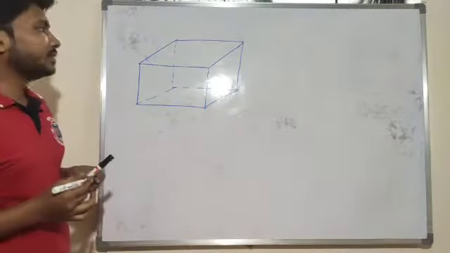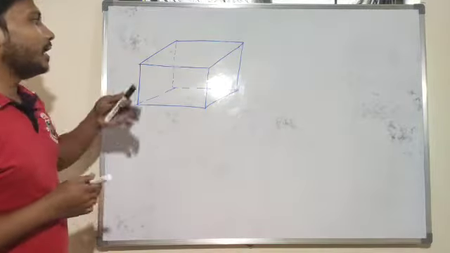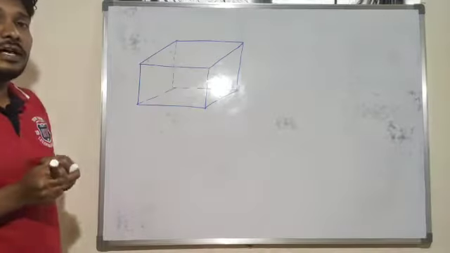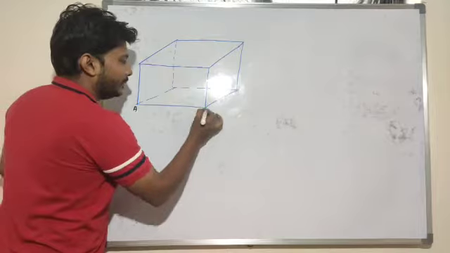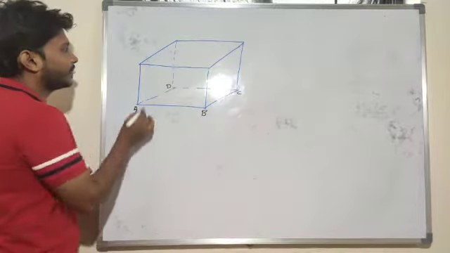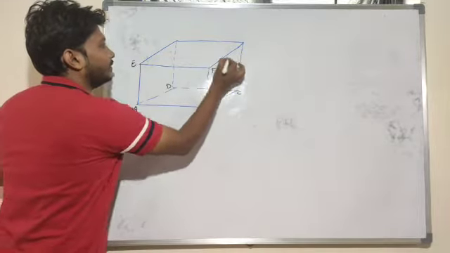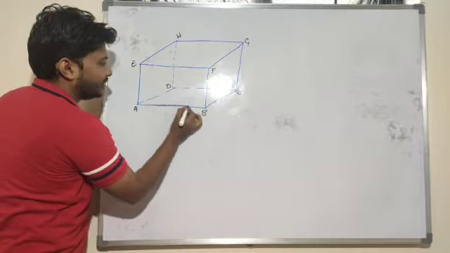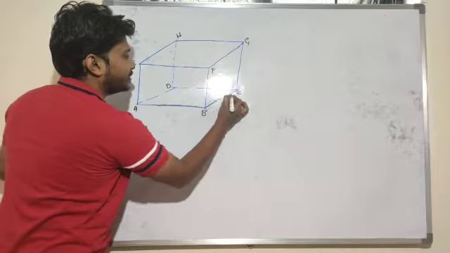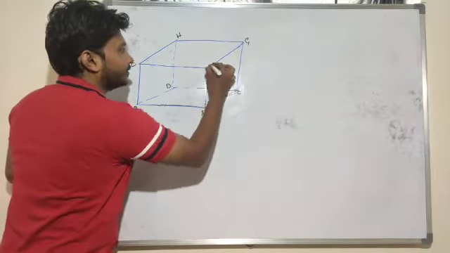Okay, so this is the cube I will consider. In order to construct this cube, I will use 12 identical resistances here. So for example, this is A, B, C and D, E, F, G and H.